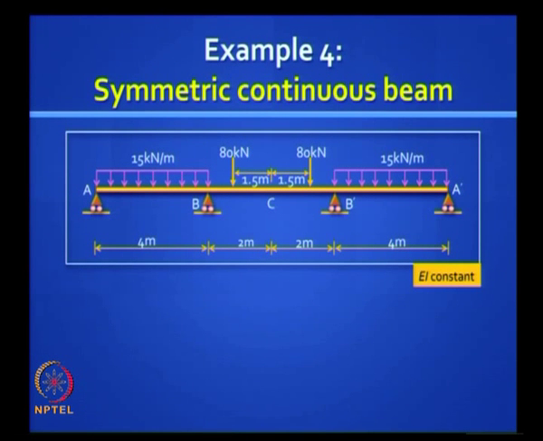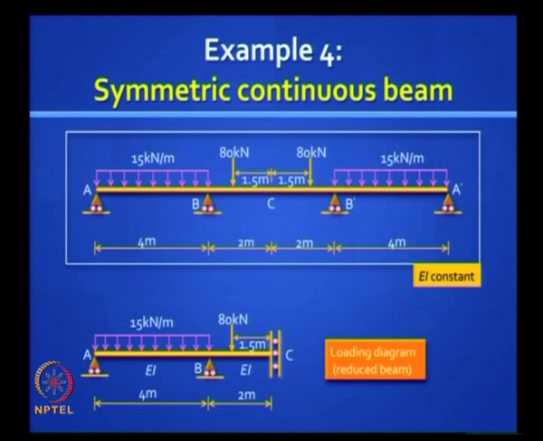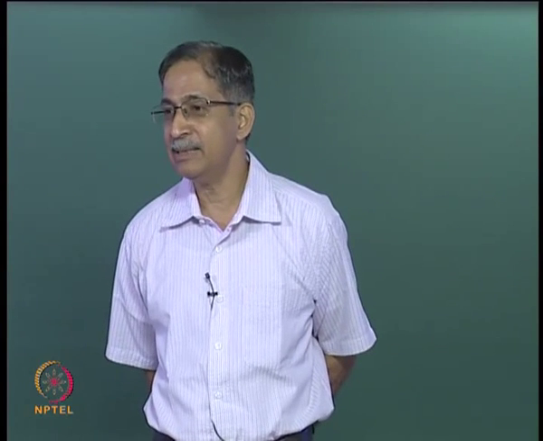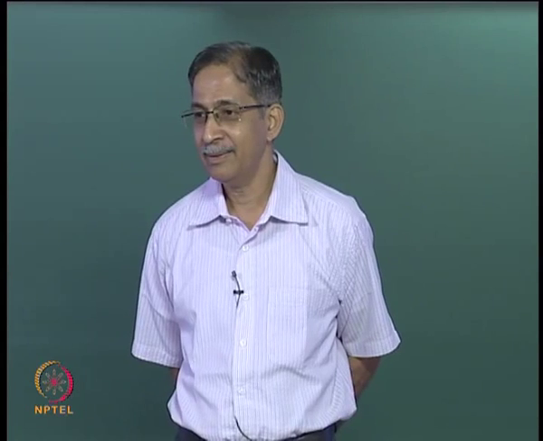Okay, so let's demonstrate this with the same example which we did earlier. We can take advantage of the symmetry, cut it into two, and you get a guided fixed support there. What's the degree of indeterminacy here? Kinematic indeterminacy. 2 normally. Which 2? Don't say AB, tell me theta, delta, which one?